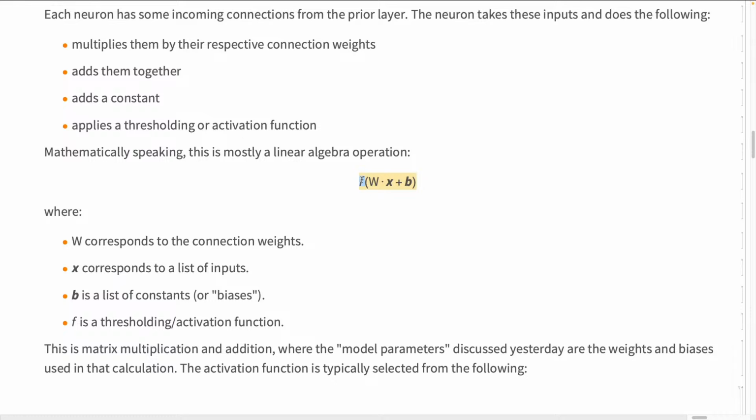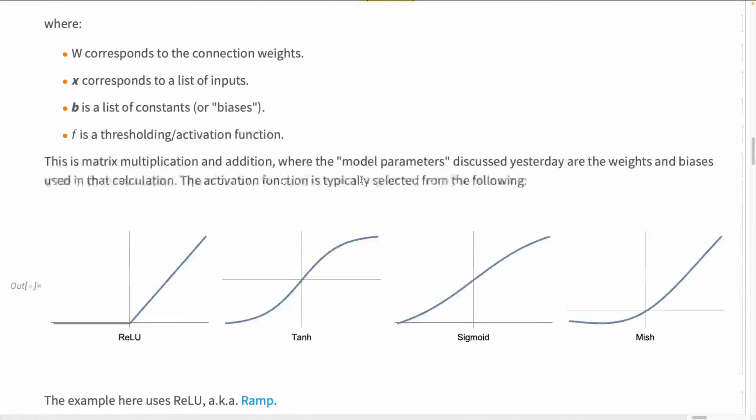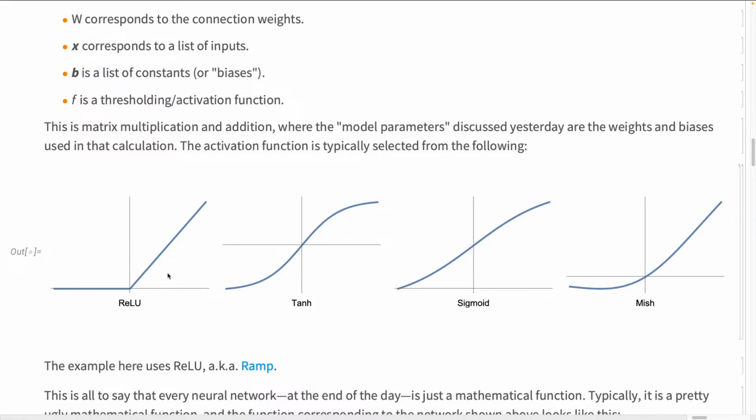Maybe it just sets, okay, if you get a negative number, I'm setting you to 0. I'm basically turning off all of the negative inputs. But if you have a positive number, I'll leave you as is. There are different kinds of activation functions, as you can see here. And this is just a choice you make when you create your network.